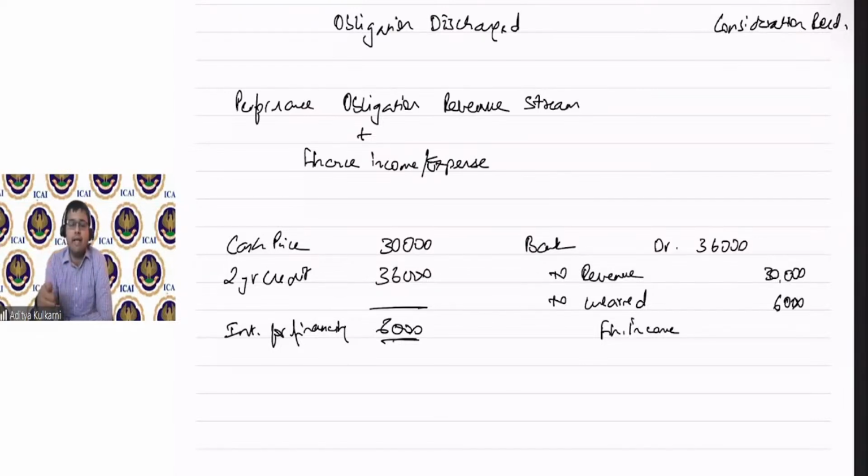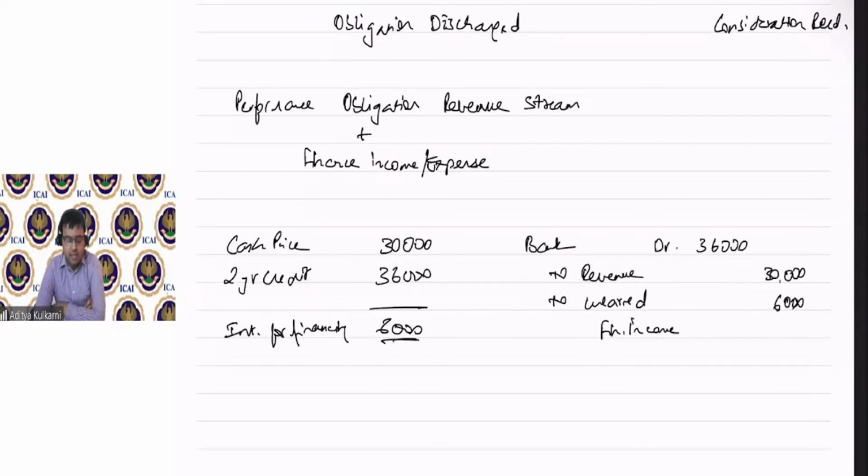Because the customer has made the payment voluntarily. Reliance did not tell them to pay in advance. It is at the discretion of the customer, so Reliance is not giving any financing facility to the customer. Therefore, significant financing component won't be applicable in such cases. This is the first exception.